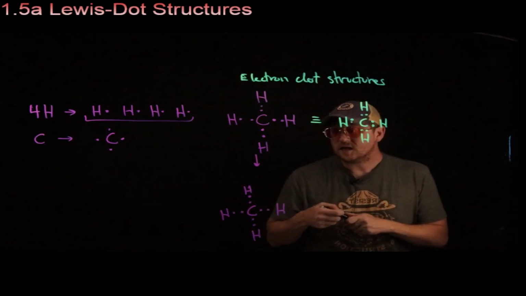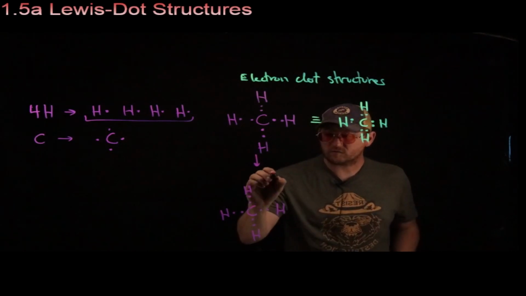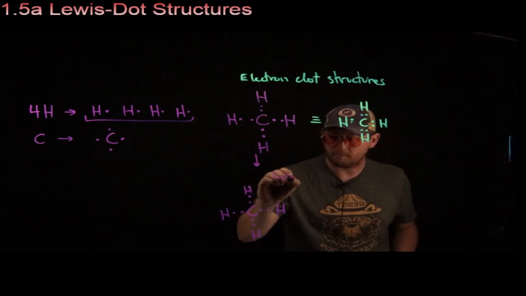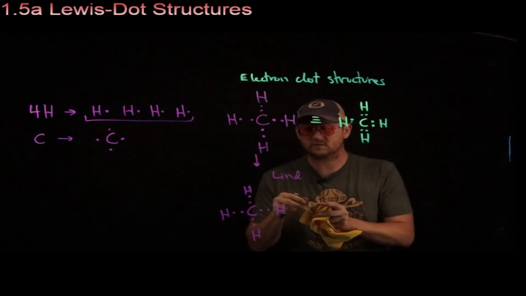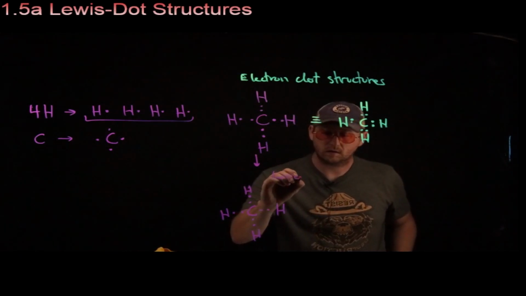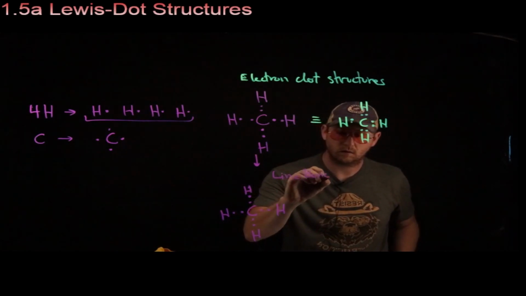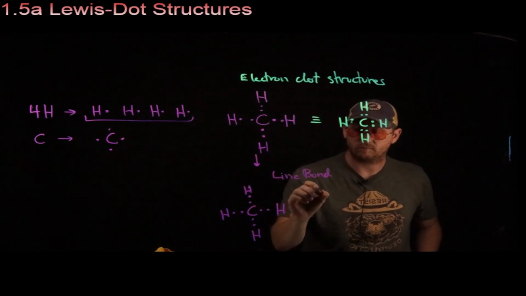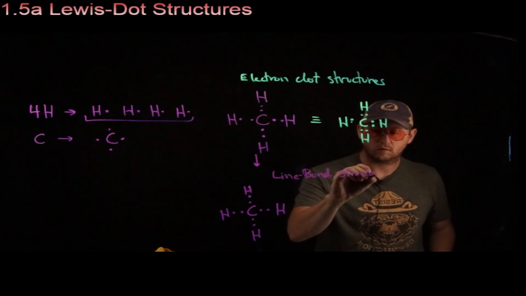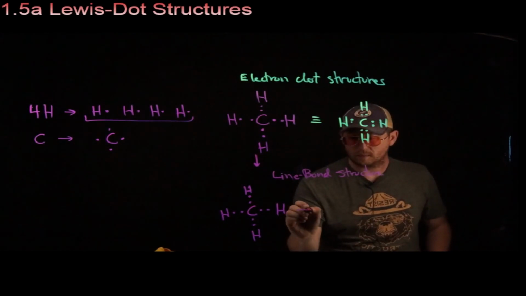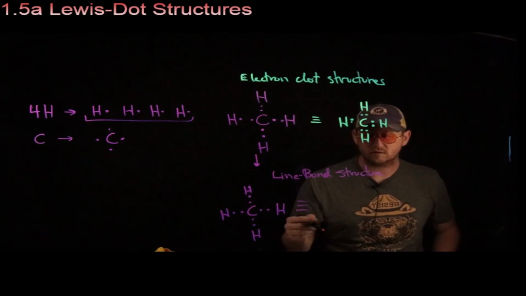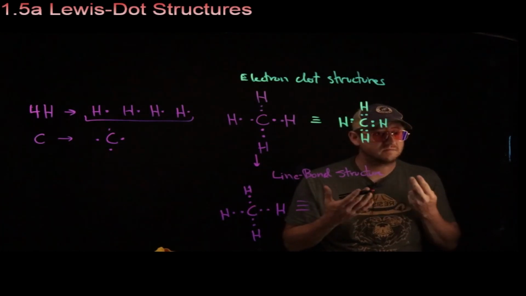And in this case, we can convert this into something called a line bond structure. And what we're going to do is just connect these dots and make lines.